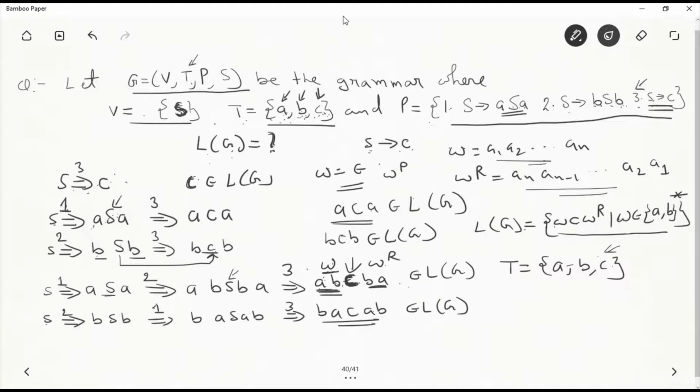Reversal of W is also empty. So you have epsilon followed by C followed by epsilon, that is nothing but C.